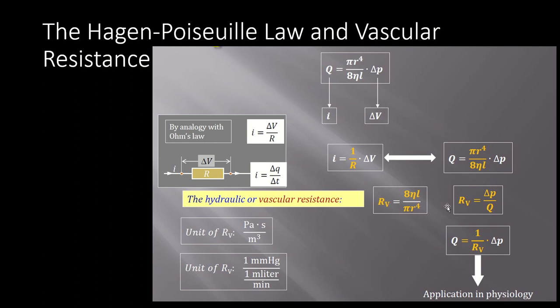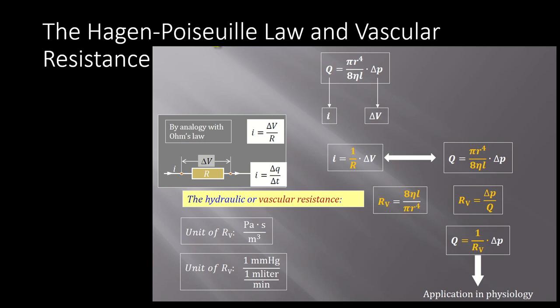Another way of looking at it is the change in pressure between 2 points in the vessel, P final minus P initial, divided by the volume flow rate between them. And if we want to have a similar equation to I equals V over R, that would be Q equals delta P over vascular resistance, which shows up in physiology.